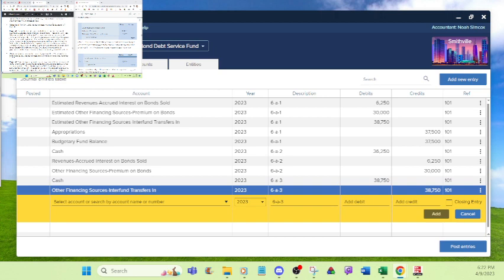Expense interest on long-term debt was credited for 6250 in 5A2 in the governmental activities journal record the full July 1st, 2023 interest payment as a debit to interest expense less amortization of the premium.